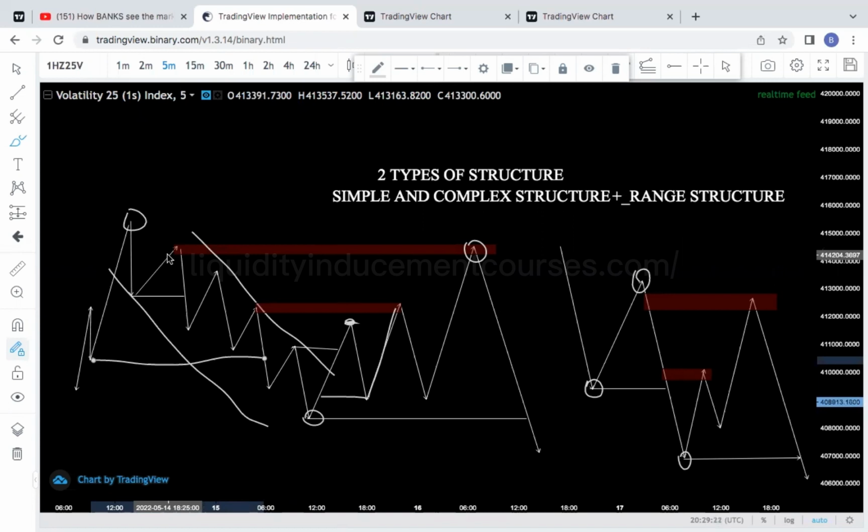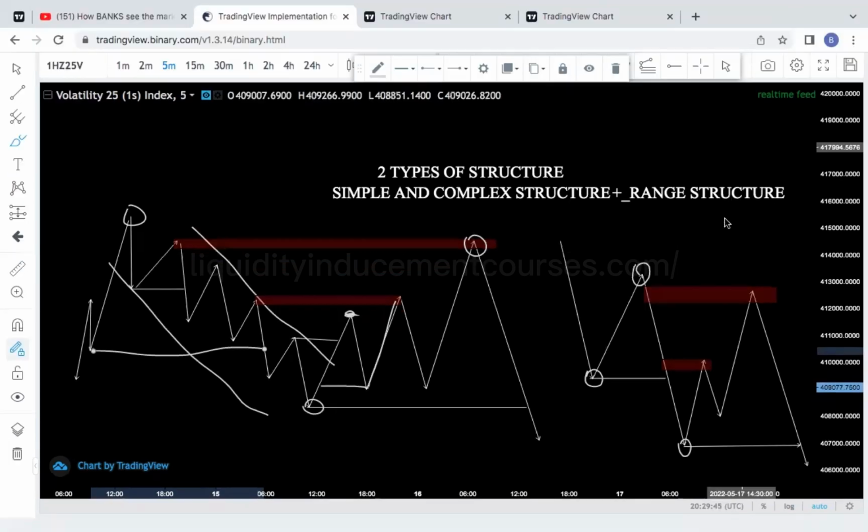So I'll go over it again. A simple structure is the formation of clear higher highs and lows, lower highs and lows, or weak highs and strong lows, or strong highs and weak lows. While a complex structure is a structure that has both a shallow corrective wave and a deep corrective wave.